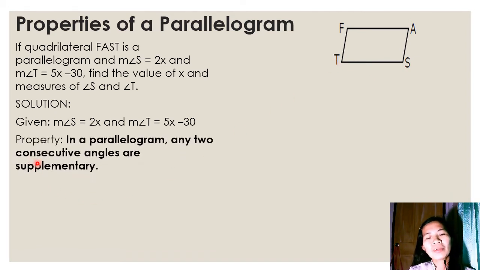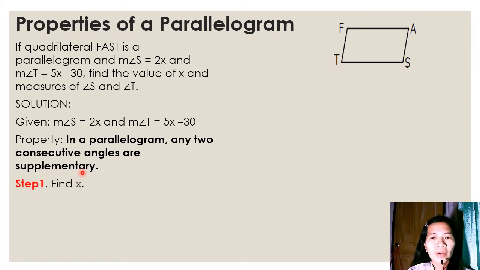So we will use the property in a parallelogram: any two consecutive angles are supplementary, meaning the sum of the measure of angle S and angle T is equal to 180 degrees, because it says they are supplementary.